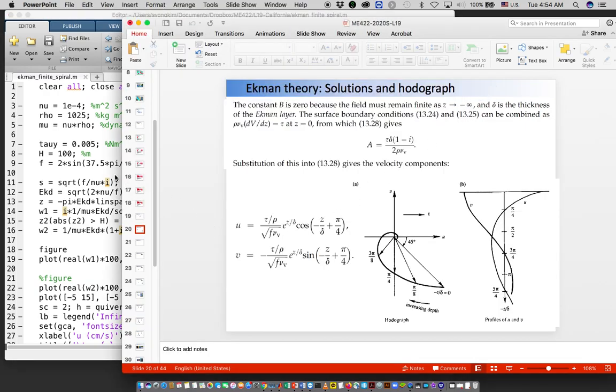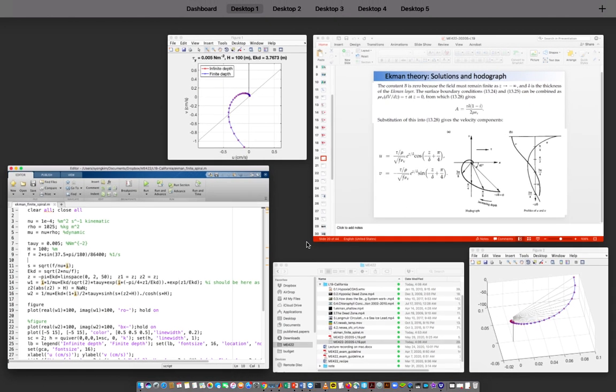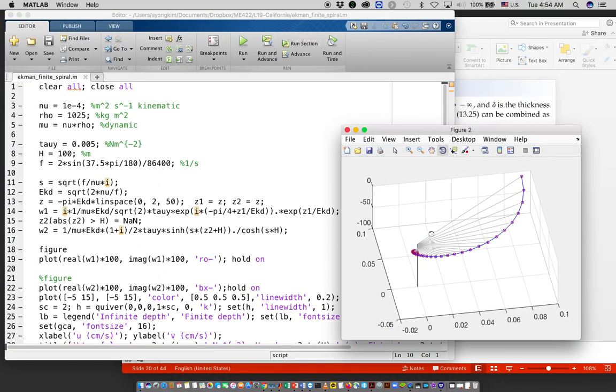So one thing I'd like to highlight here, we have an equation. You can visualize it with a simple MATLAB script. So you learn when you change the value and when you change the situation, what that looks like. I think it's one of the beauties of environmental fluid mechanics.